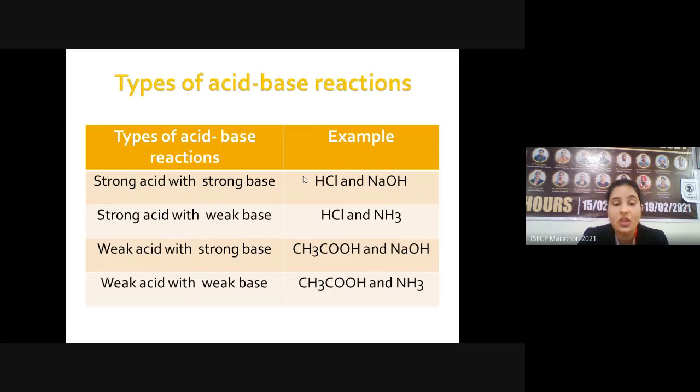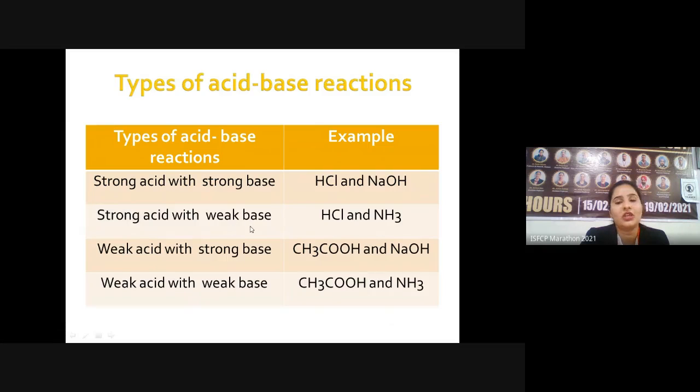In the titration of a strong acid with a strong base, we can use HCl, nitric acid, or any other strong acid like sulfuric acid, and the strong base can be sodium hydroxide, potassium hydroxide, or any strong base. For the second titration, a strong acid with a weak base, we can use HCl, which is a strong acid, and ammonia as the weak base.